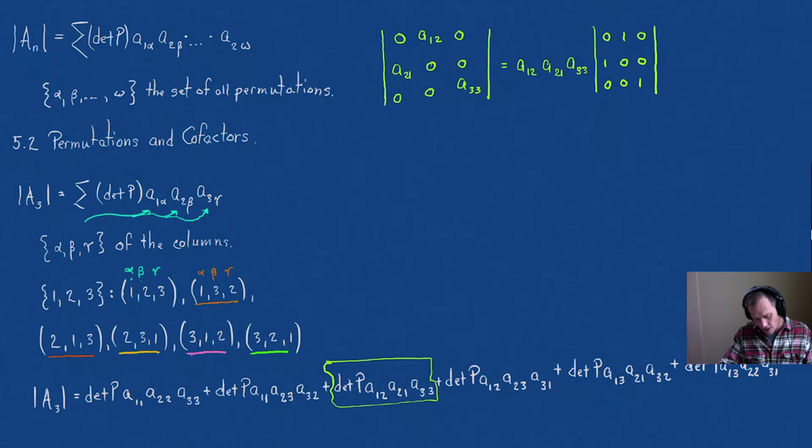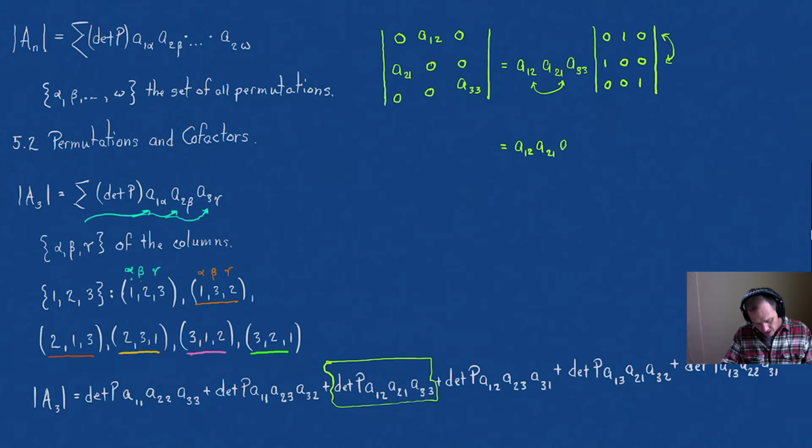Okay, well, if I do a row exchange with 2 and 1, in other words, if I put column 1 into the first position and column 2 back into the second position, that was one row exchange.